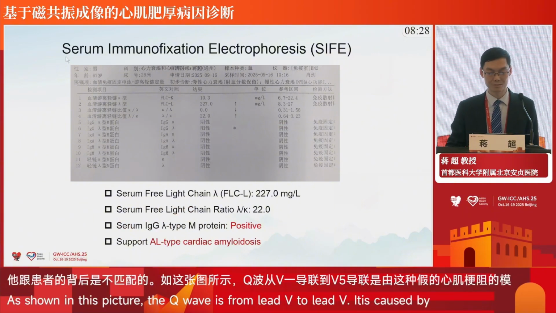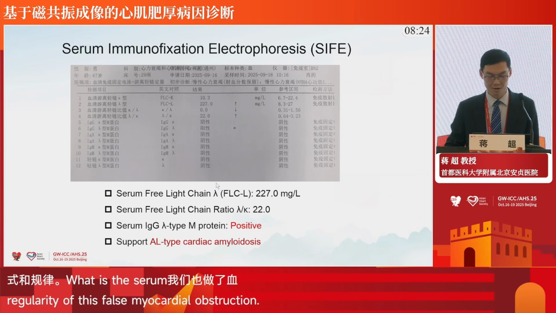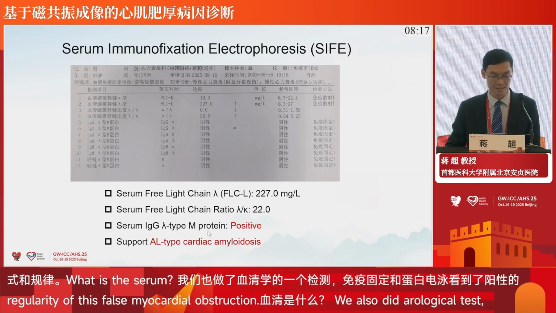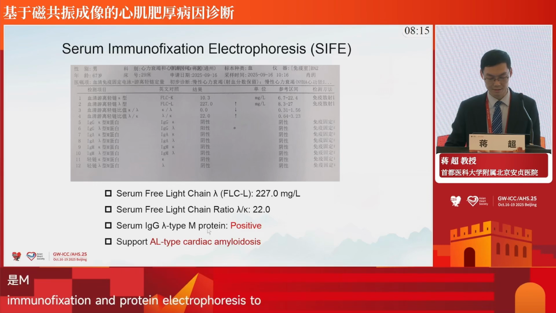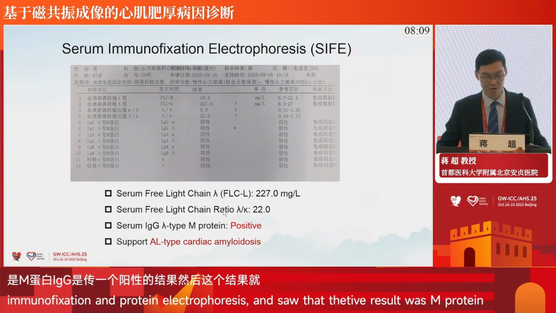We did the serum light chain test for this patient. We found positive results. You can see here the M protein IgG was positive, and this supports AL-type cardiac amyloidosis.